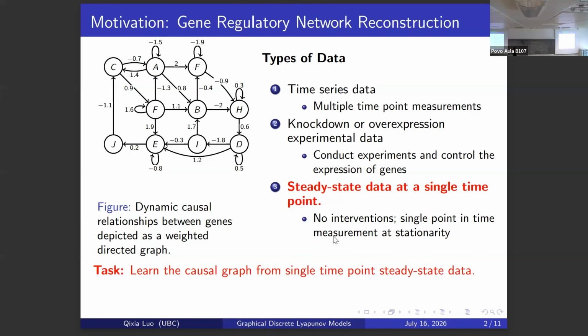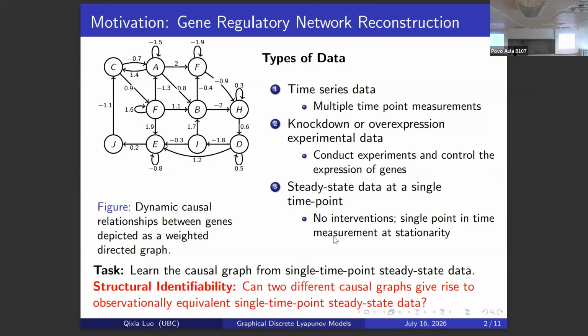And before we jump into trying to do this, we want to ask the question of structural identifiability, which has to do with the question of to what extent is this learning possible? The problem of structural identifiability asks the question: can two different causal graphs give rise to observationally equivalent single time point steady state data?